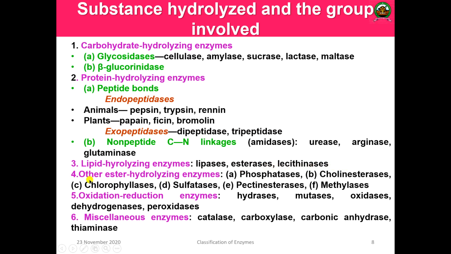The next one is other ester hydrolyzing enzymes, apart from the lipid ones: phosphatases, cholinesterases, chlorophyllases, sulfatases, pectin esterases, methylases, etc. These are some of the important ester hydrolyzing enzymes. Next is the oxidation reduction or redox reaction enzymes: hydrases, mutases, oxidases, dehydrogenases, peroxidases.